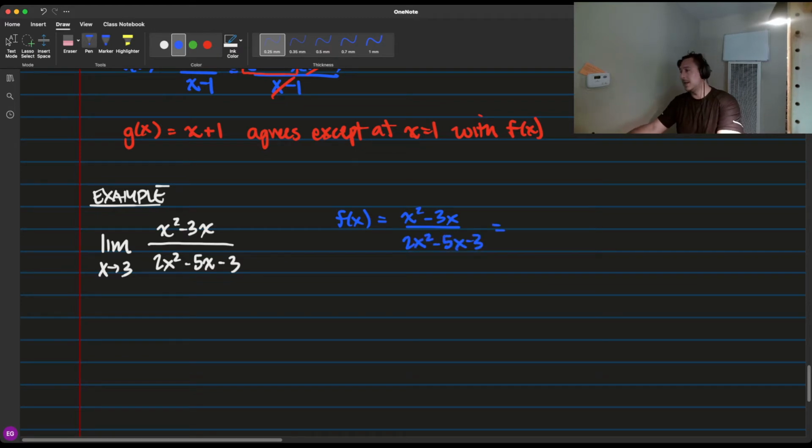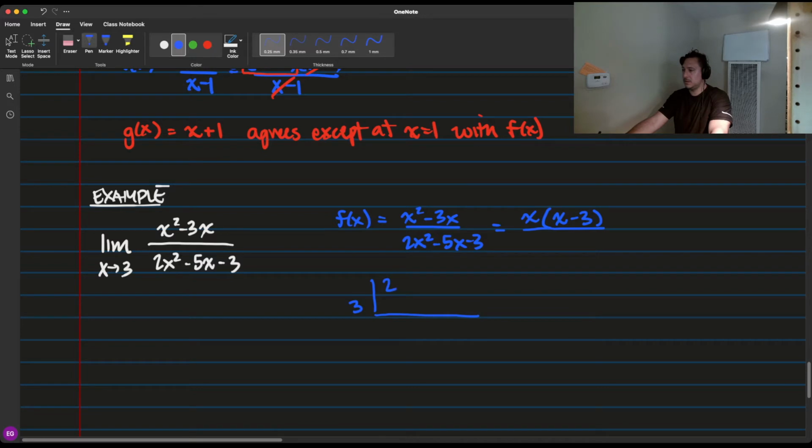You can see that the top, you can factor out an x, and you get x times x minus 3. Now, if anything's going to cancel, it's probably that x minus 3. So let's divide out that x minus 3. You can use synthetic division. So you could put a 3.